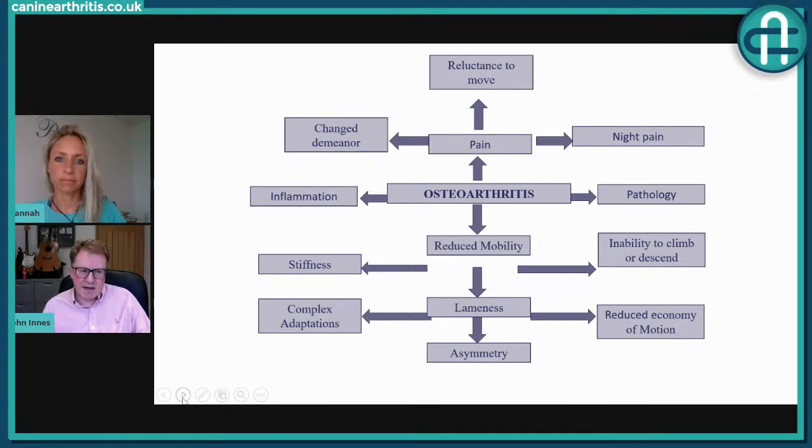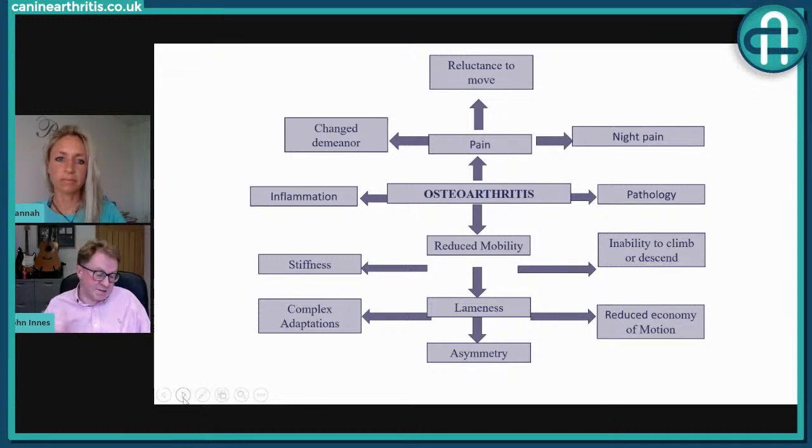pain, and pain can manifest in different ways. We know from human patients that if you ask them to describe their joint pain, they will use a variety of different words to describe their joint pain. It might be stabbing, it might be burning, different types of pain, and different types of pain at different stages of the disorder.